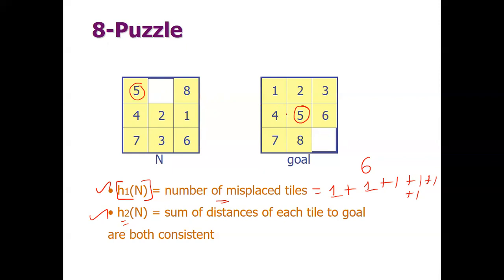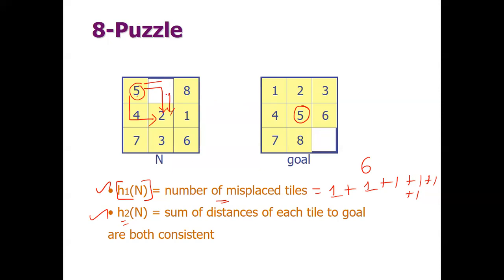So you can say how far away it is in the sense, if you want to move 5, how do we have to move? If this 5 should be moved to this location, it can move either this way or this way. In either case, it has to make a minimum of how many moves? 1 and 2.